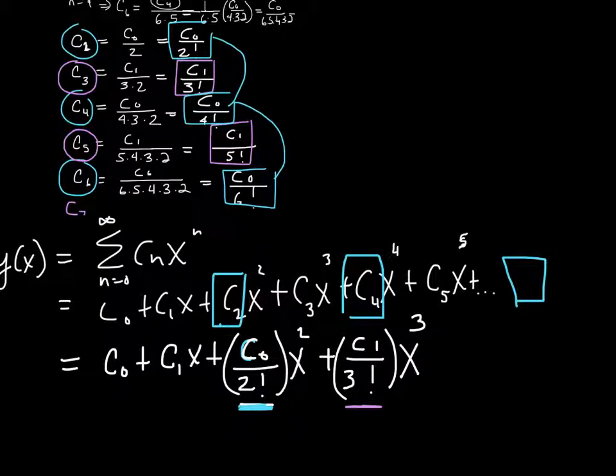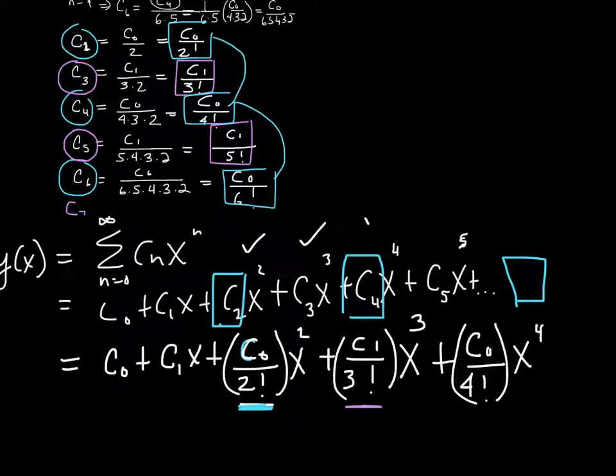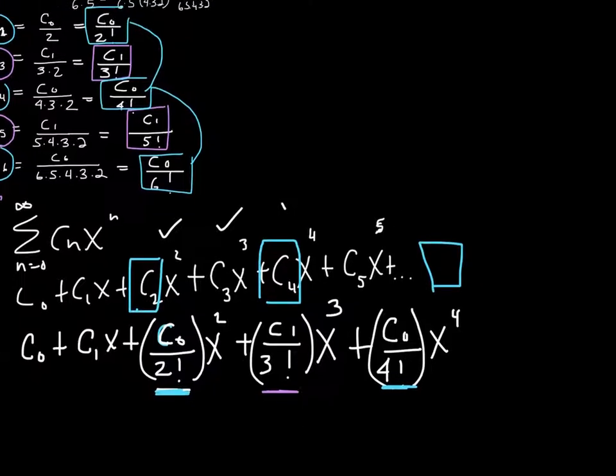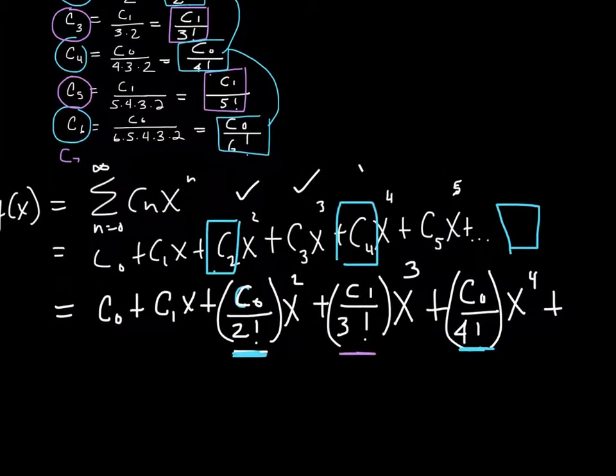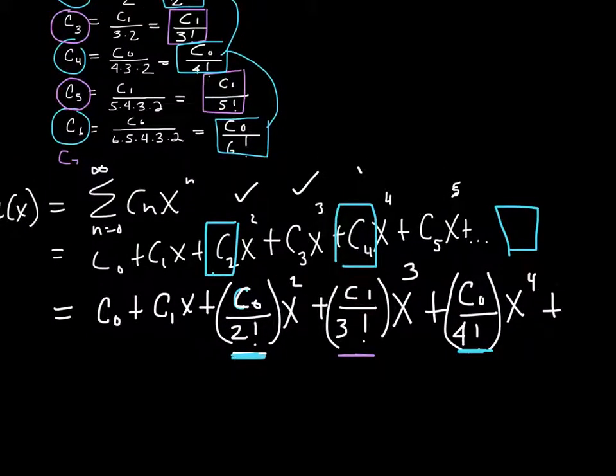Plus, okay, so I did this one, and now I'm doing C4. C4 is blue again, so that's C0 over 4 factorial x to the fourth, and again, that's my blue part. And we can move on to plus C5, and C5 was purple.